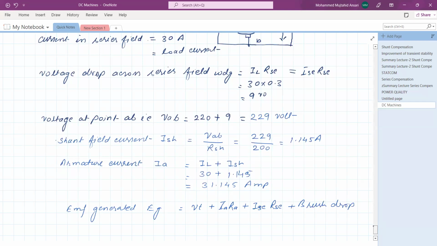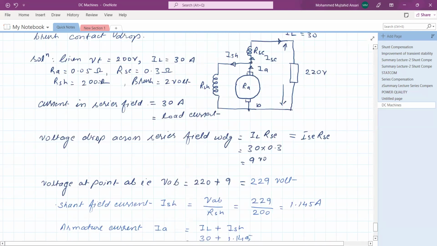Here we are not going to club these two terms because the currents are different in these two sections. See here, in this diagram, the current is 1.145 in the shunt, here the current is 31.145 ampere, whereas the current in this section is 30 ampere.